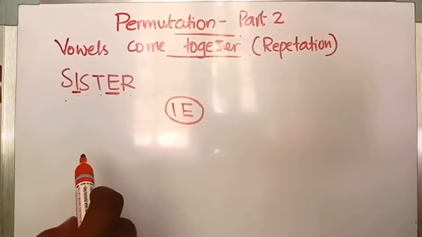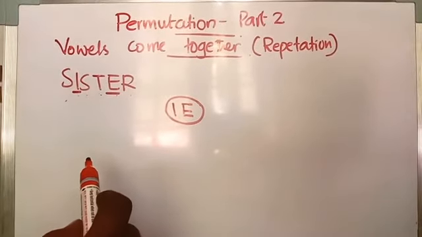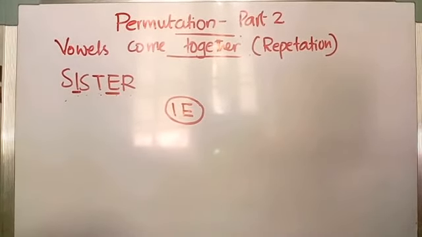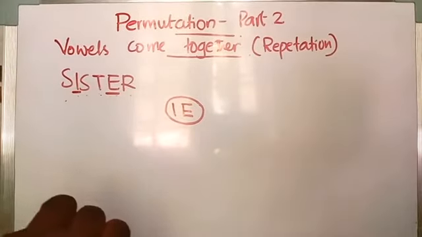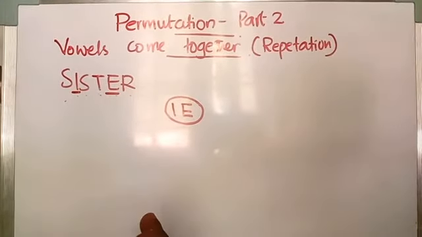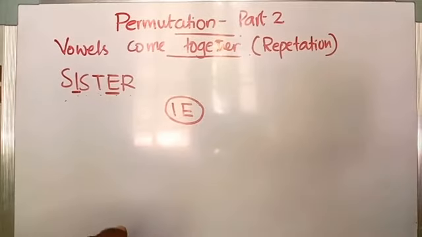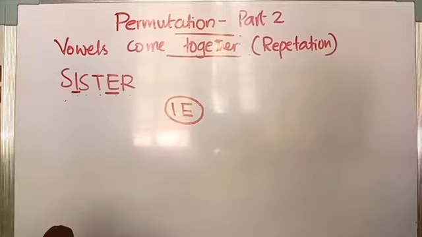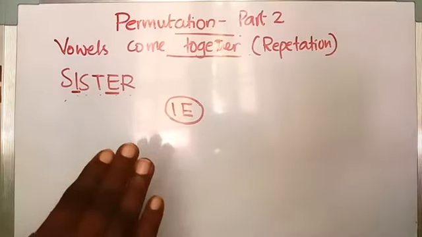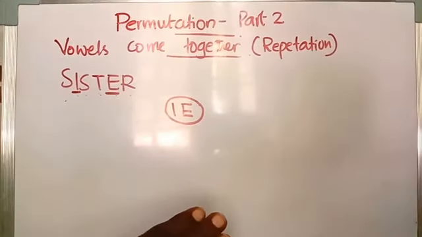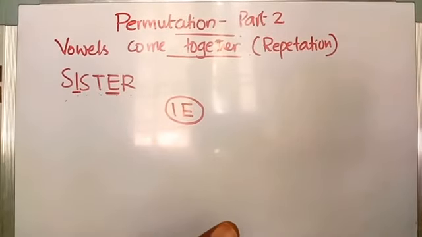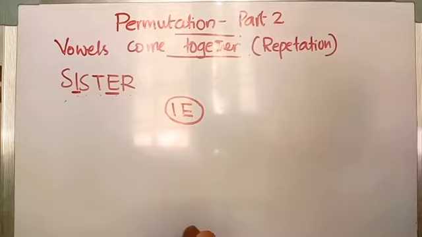So when you get questions like vowels come together or no two vowels come together, etc., in such cases, arrange the other letters or other things first. This is the same thing we can use for other objects also, for example boys and girls.